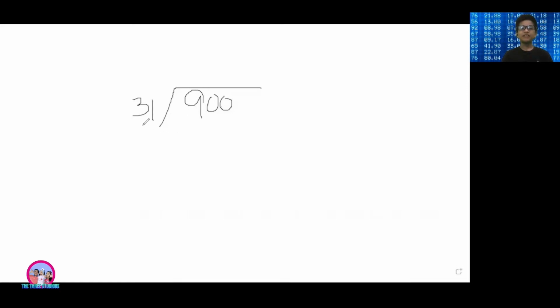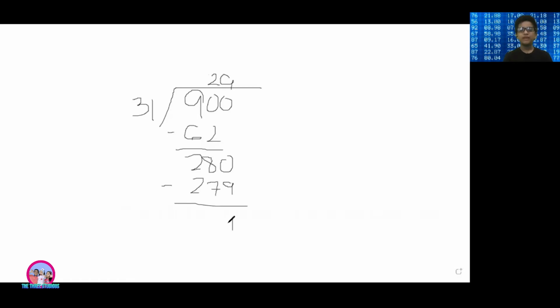90 divided by 31 is 2. 2 times 31 is 62. 90 minus 62 is 28. Bring down 0. 280 divided by 31 is 9. 9 times 31 is 279. 280 minus 279 is 1.